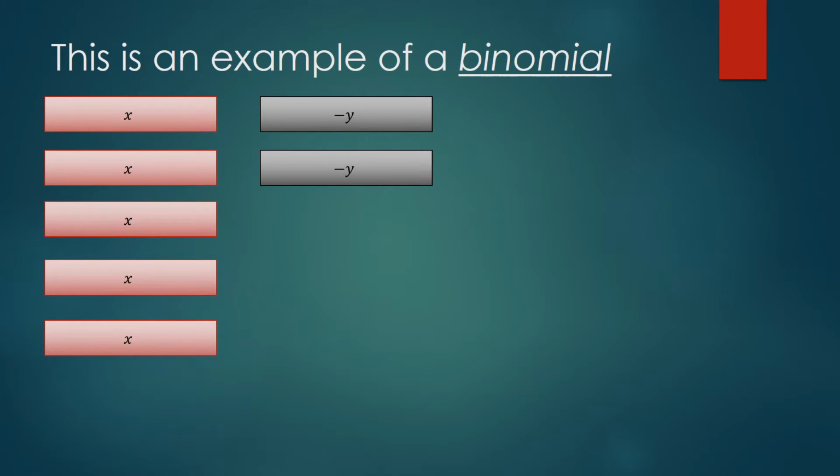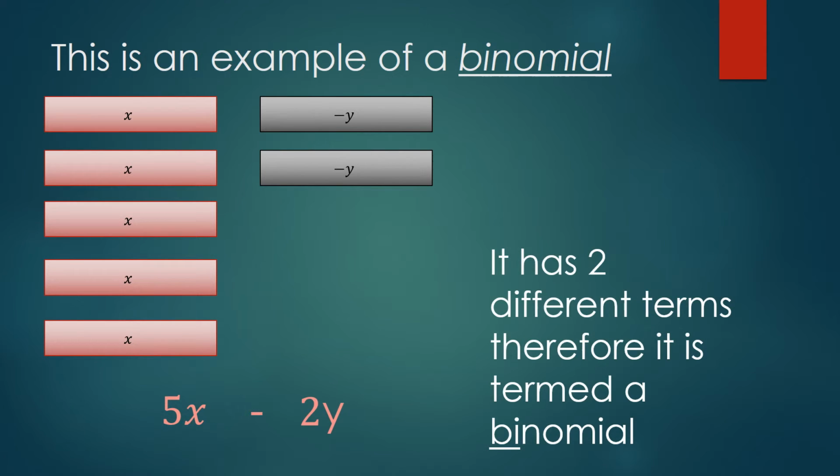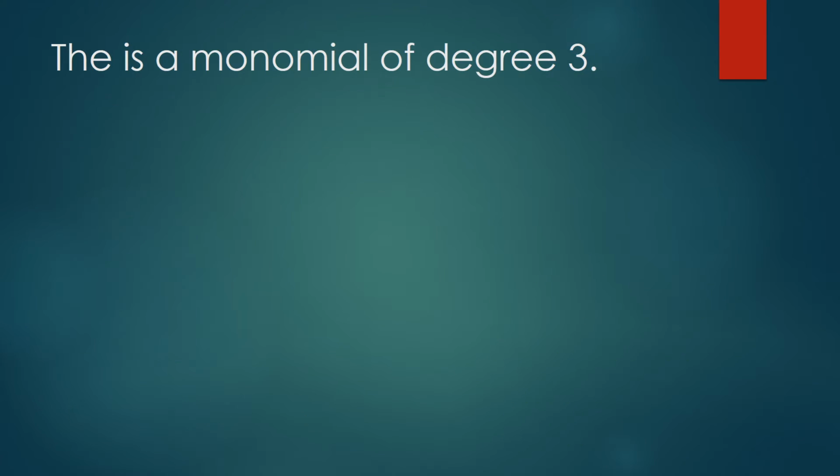Well, here it's a negative, so it's shaded gray. So this represents the binomial 5x, because there's 5 of them, minus 2y. This is 2 monomials joined by a negative sign, so you form a binomial. It has 2 different terms. Let's look at this monomial of degree 3.